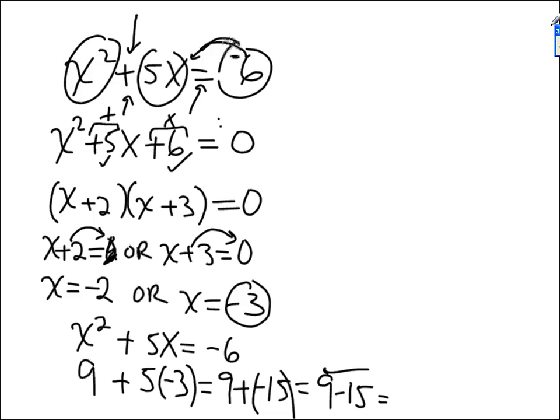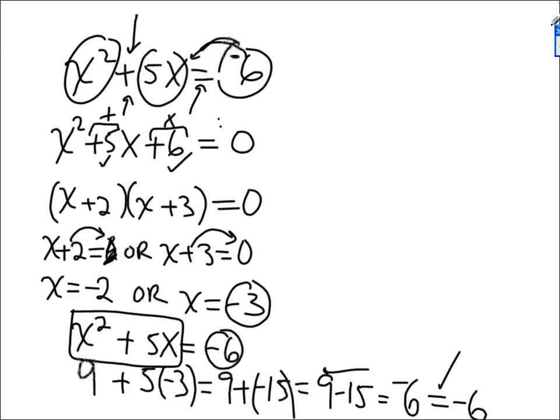That's not positive 6, it's negative 6. And that's exactly what it is supposed to equal. The left side, when x is negative 3, equals negative 6, and the right side is negative 6. So it checks. And you can check it for negative 2 as well.